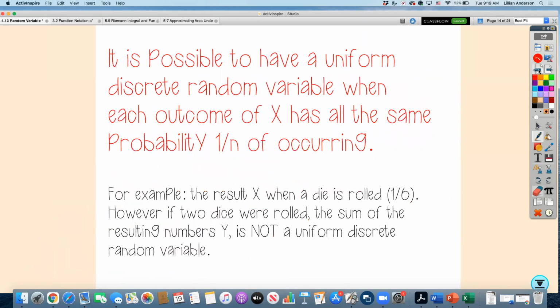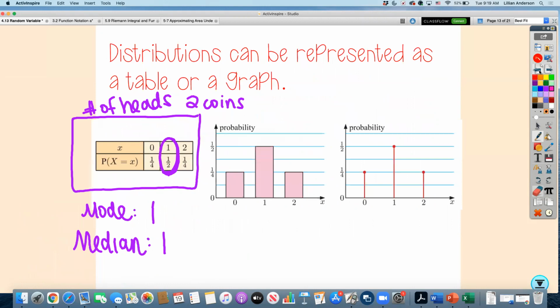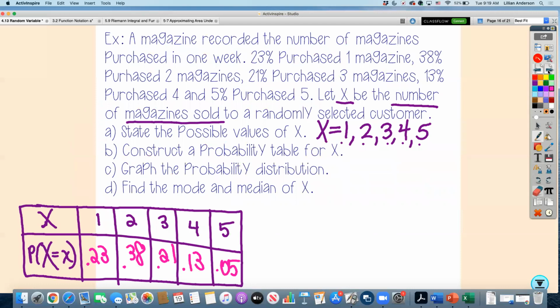Going back just to refresh your memory, these are the 2 different graphs that you could do to represent a probability distribution. As you can see, your X values are on the X-axis and your probability is on the Y-axis. So that's what you want to do for this example. You want to have an X-axis and a Y-axis, of course, positive here.